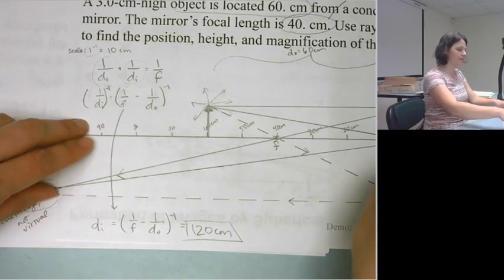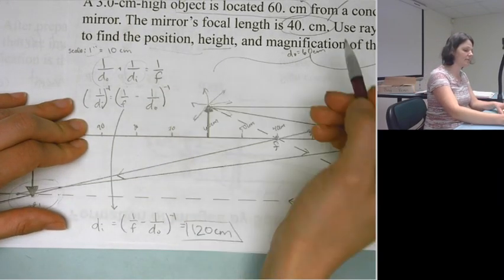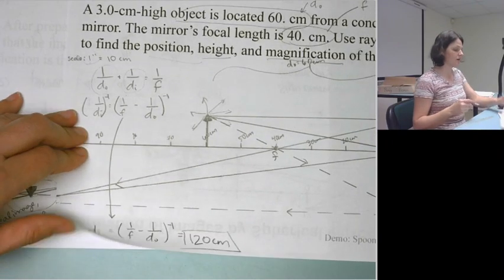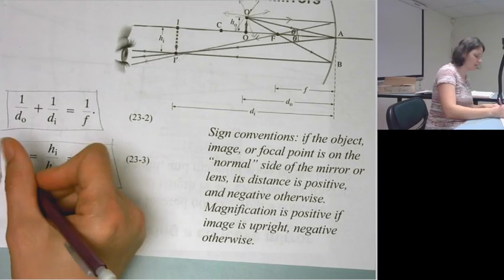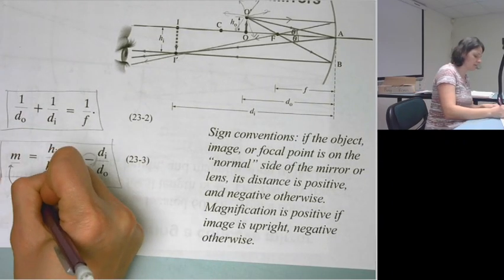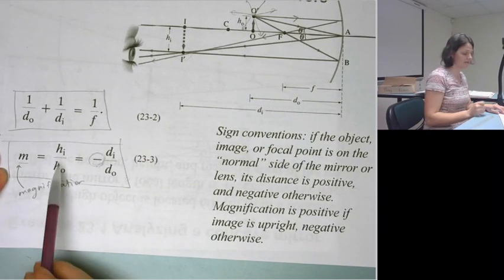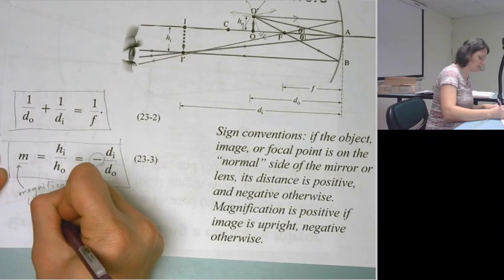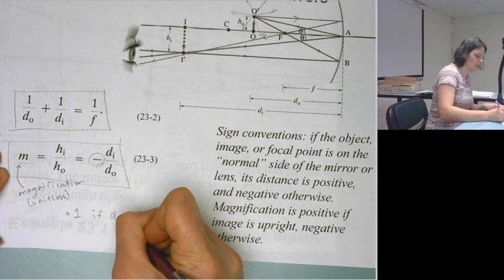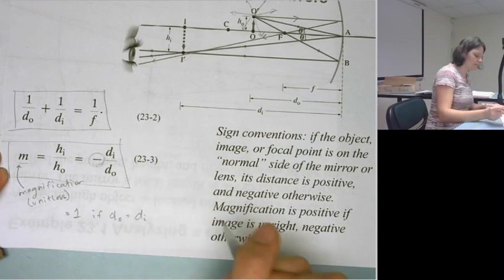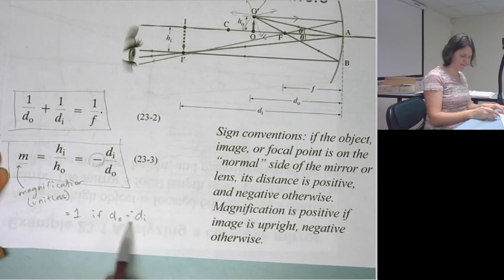And now let's look up the formula because we want to find the position. So that's the position. We want to find the height and we want to find the magnification. So we'll go over here and that's going to come from these formulas. The magnification M is a unitless number, right? It's a distance divided by a distance, so it's unitless. It equals 1 if dO equals negative dI.